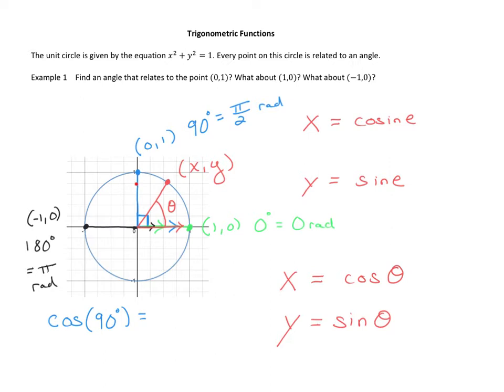Cosine of 90 degrees would be the x-coordinate of this point, which is 0. What is sine of 90 degrees? That is going to be the y-coordinate of this point, which is 1. So that's the definition of sine and cosine. The idea is you can draw an angle. That angle gives you a point. The x-coordinate is cosine, and the y-coordinate is sine.